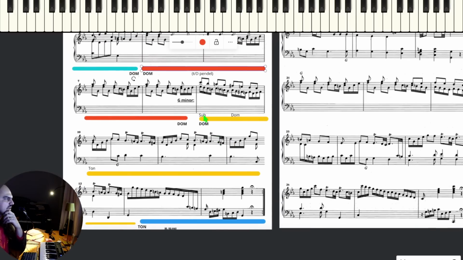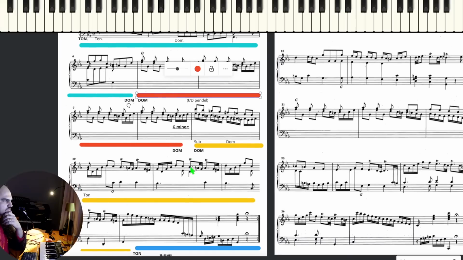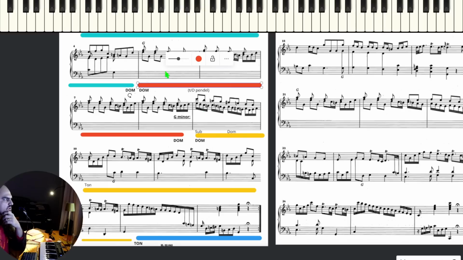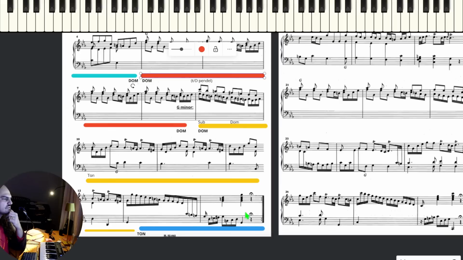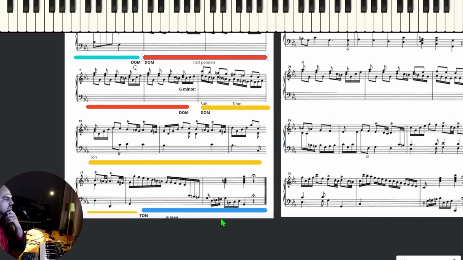And then you have a second part that will be the answer to the thematic exposition, and the function of this part is to bring the music to its other side. So it ends on the dominant, and now you can have the ritornelle bringing you back to the tonic.